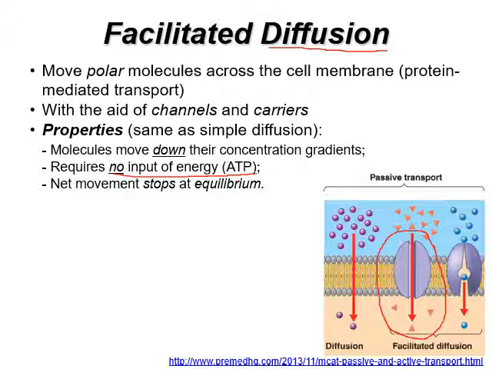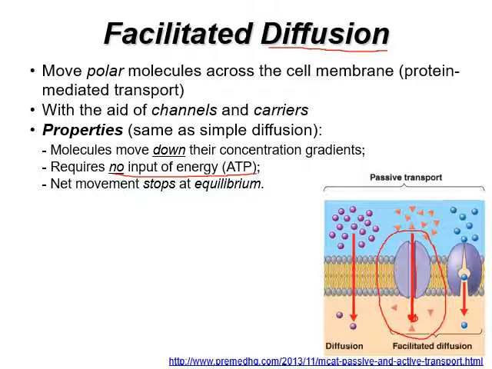And you can see we have a larger concentration of our triangle molecule here, and a smaller concentration here. And so facilitated diffusion will just take place through the ion channel, going directly through.